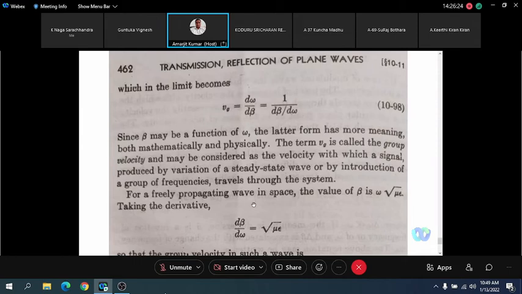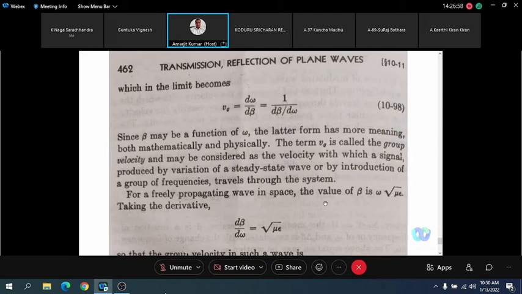So this is known as the group velocity, or the velocity with which the message or intelligence is transmitted. Okay. For the freely propagating wave, what is beta? Beta is equal to omega root mu epsilon for the free space wave. So what will be d beta by d omega? d beta by d omega will be equal to root mu epsilon.